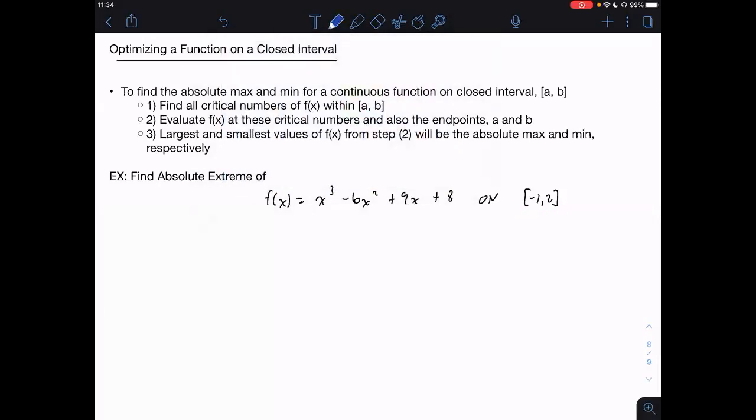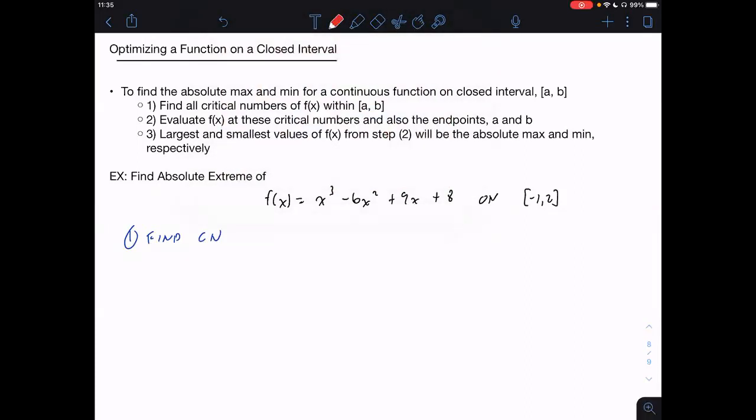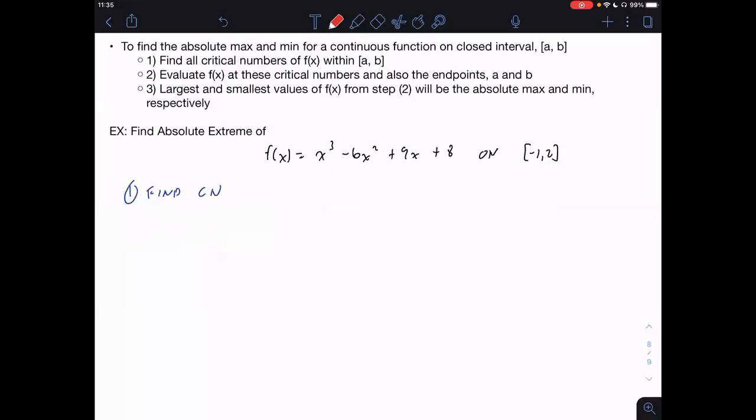First step, we need to find our critical numbers. Similarly to what we did in the beginning of chapter 3, to find these critical numbers, we have to define our first derivative, f prime. The derivative of this function is 3x squared minus 12x plus 9.